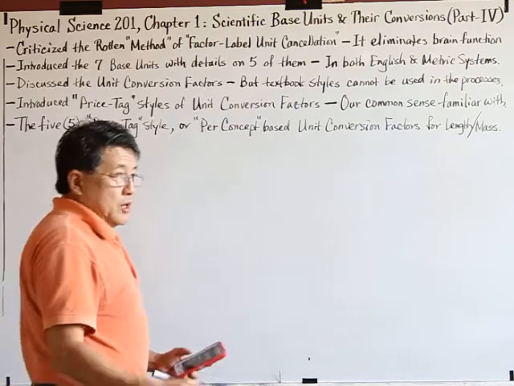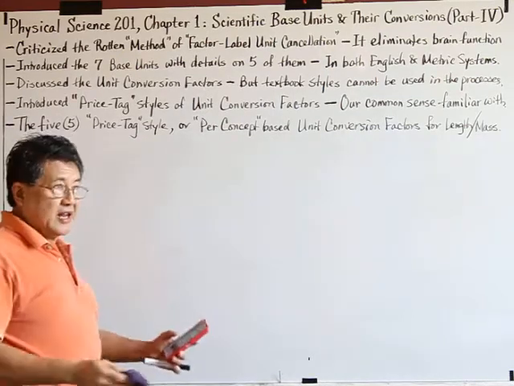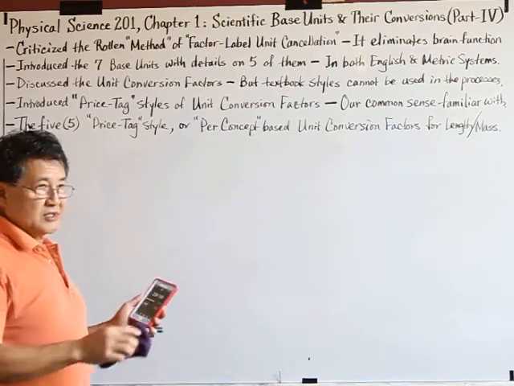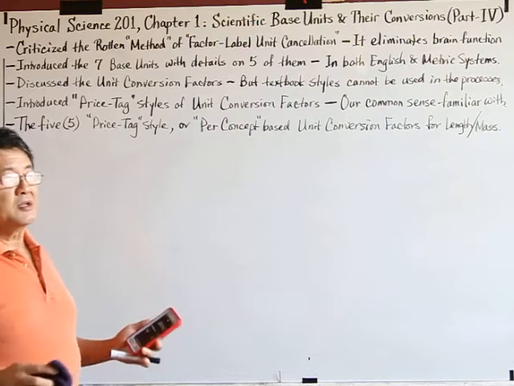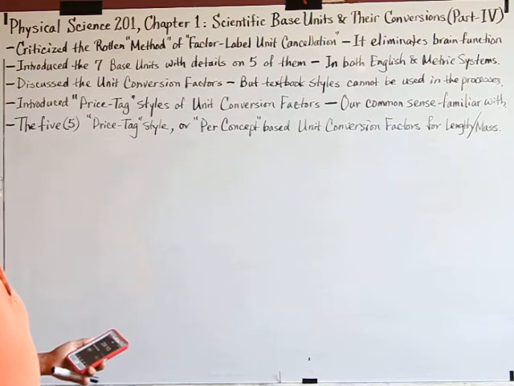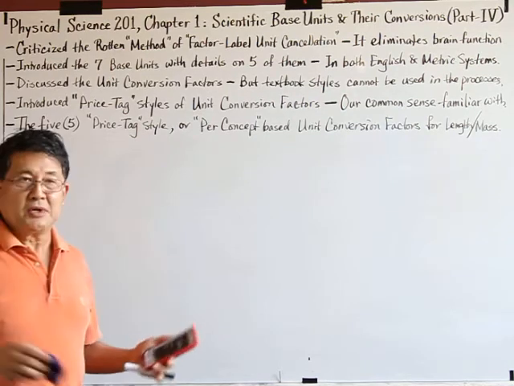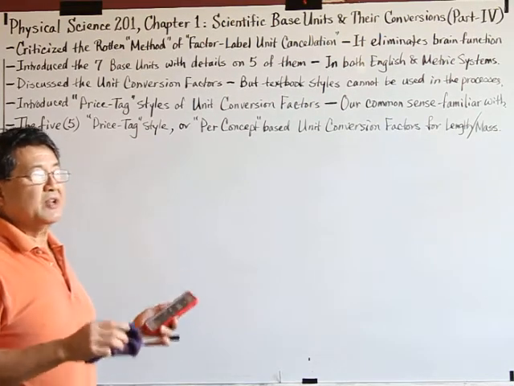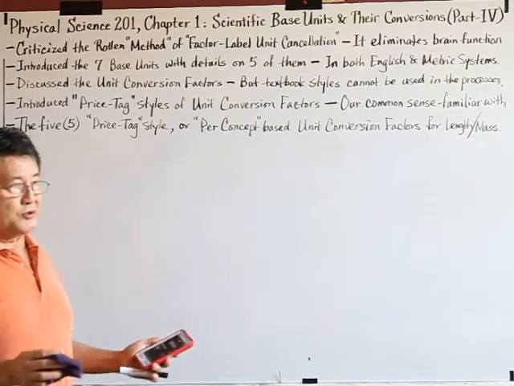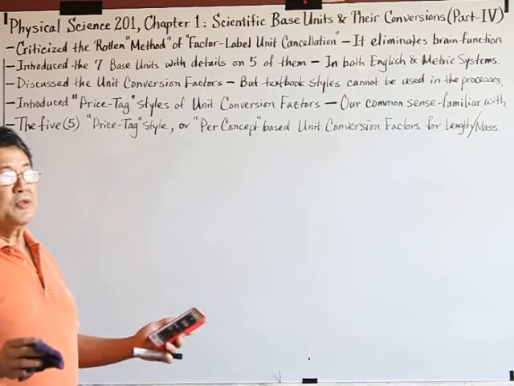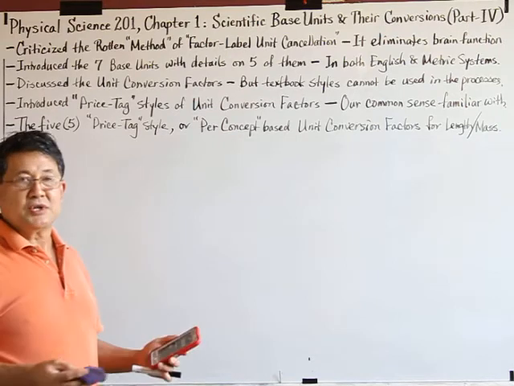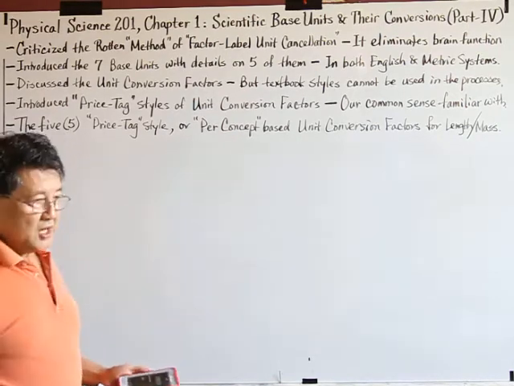But we remember the third part ended with, we introduced 5 out of 7 scientific base units, and then we already talked about a currently very popular method, which almost every scientific textbook author, not 100% but 90-some% of the authors, use to introduce the scientific base unit conversion process.